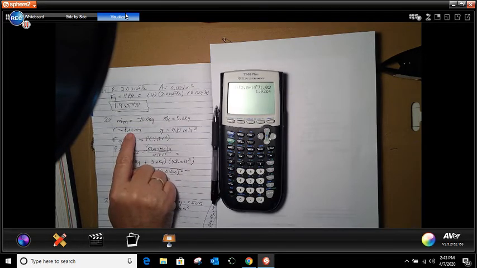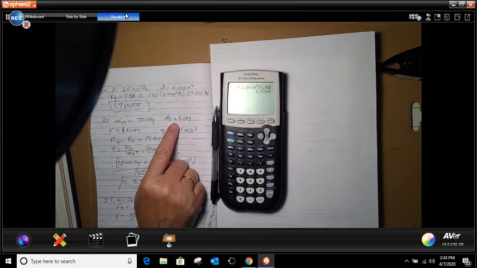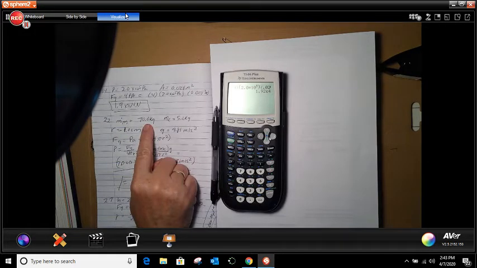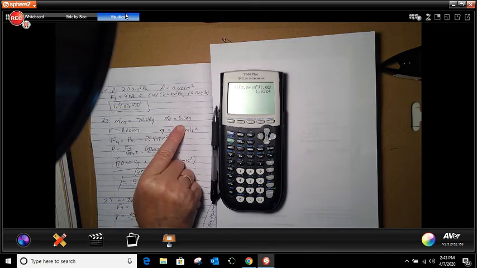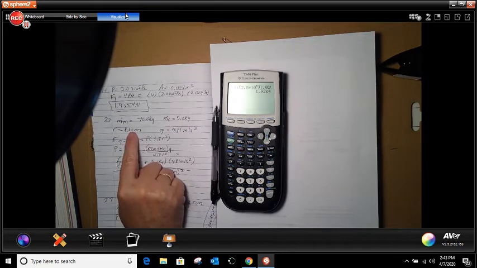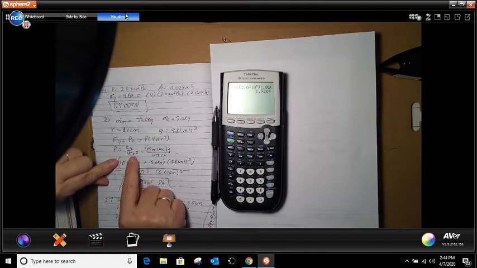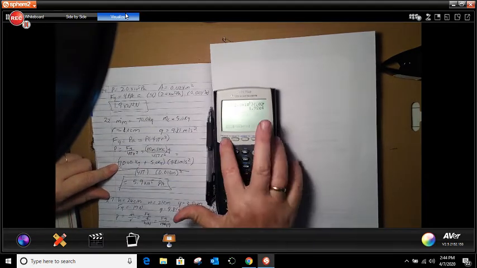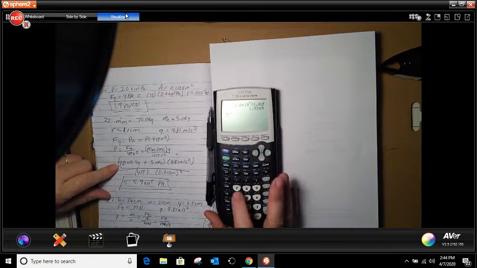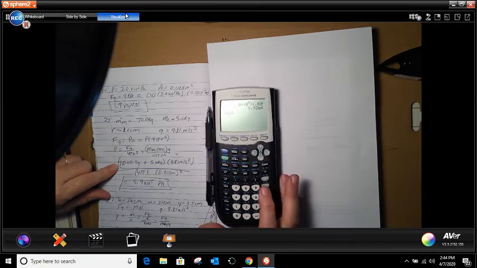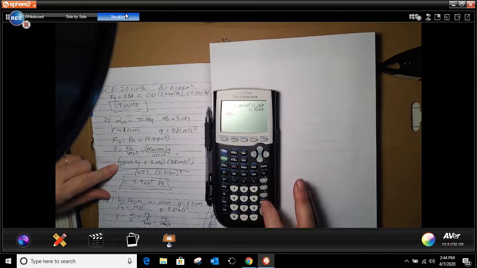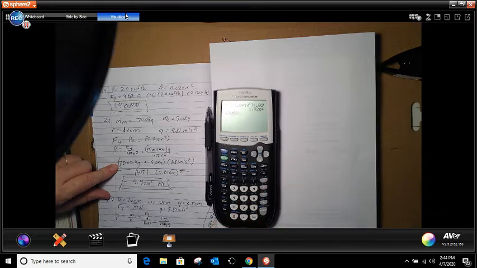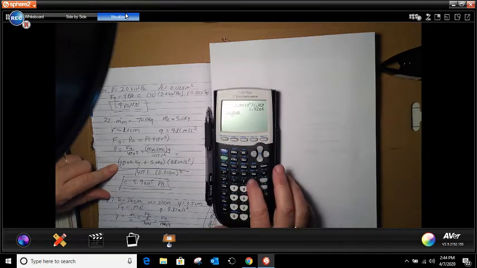What is the pressure exerted on the floor by the chair? So we're going to do alpha y enter, open bracket 70, and then add 5.0 because we have to add him and the chair, right?